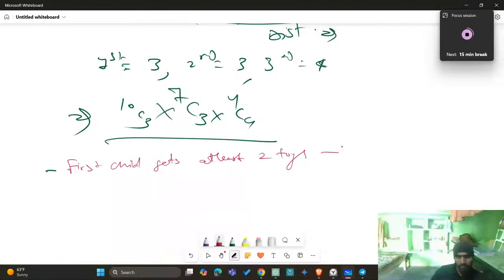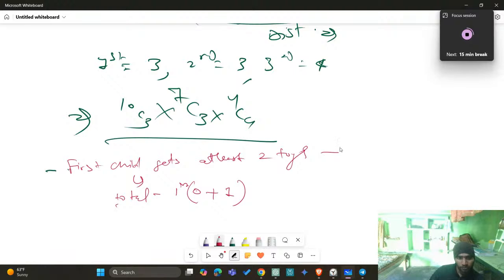This is the distribution problem. It can be obtained as the total distribution minus the cases where the first child gets exactly 0 toys or 1 toy.